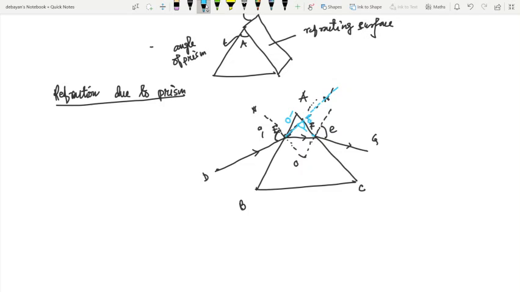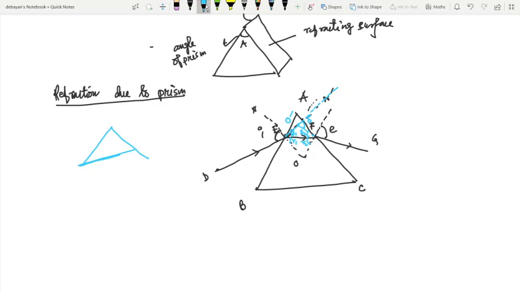So the angle of refraction is r1, this is r2, and that is delta 1 and delta 2. The corresponding ray passing through is EF, and that is point O, and this is O prime.